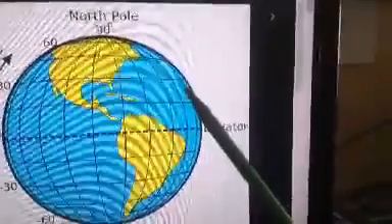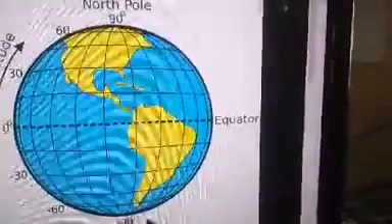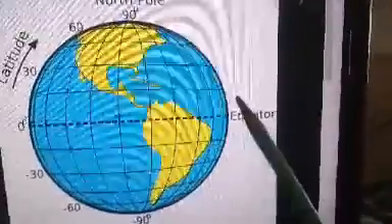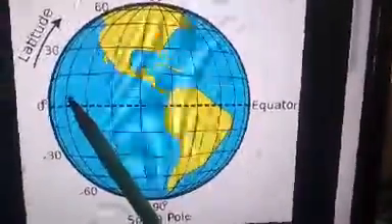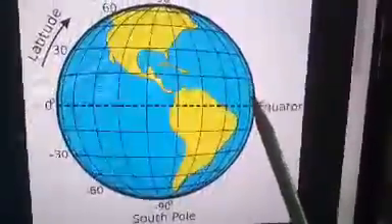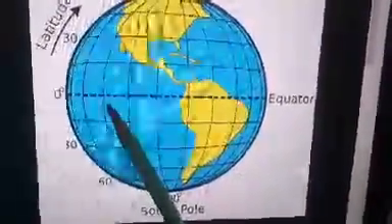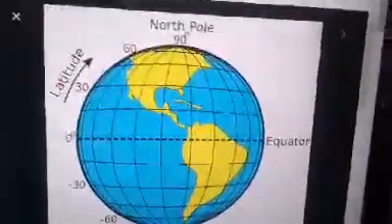Okay, let us take this one as the 0-degree line. Now from there, towards the left side, it is called west. From 0 degrees to the left side, it is called west. From 0 degrees to the right side, it is called east.